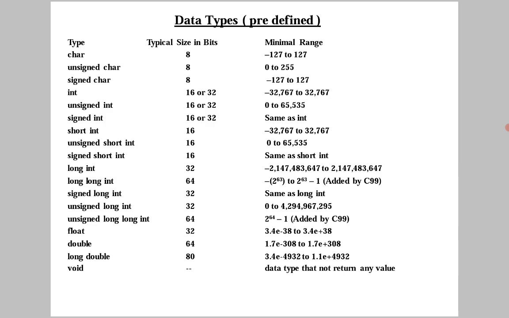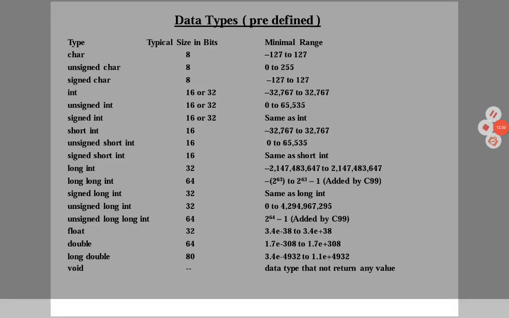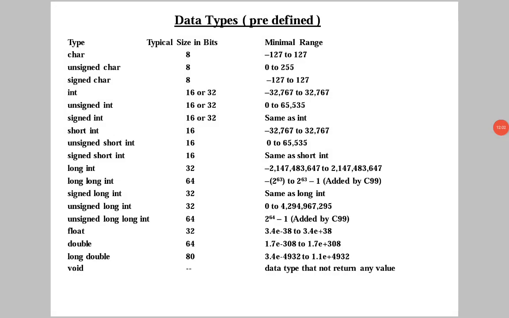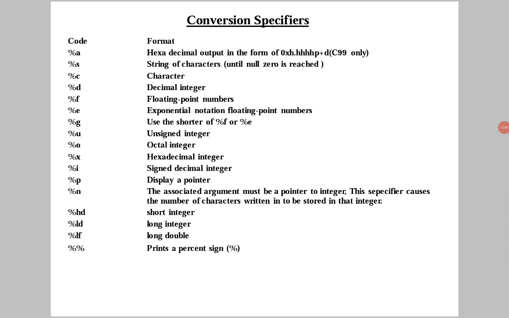Void is used for functions without returning any values. Data type is a compulsory set type question from unit 1.